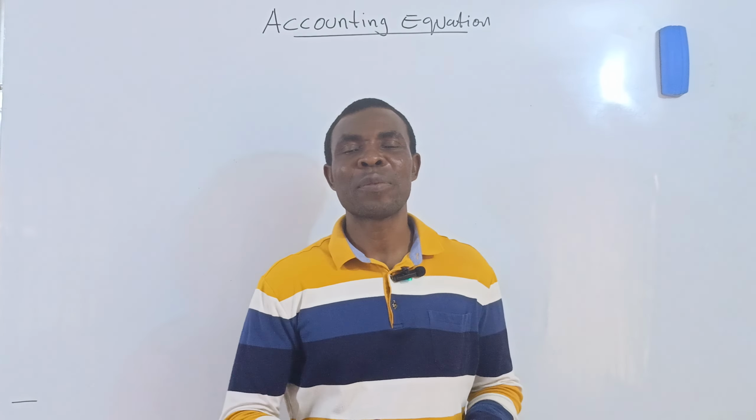Any of this gives you an accounting equation. Like I said from the beginning, accounting equation is a statement that shows the mathematical relationship between elements of financial statements. And we have 5 of such elements, which include assets, liability, equity, income, and expenses.